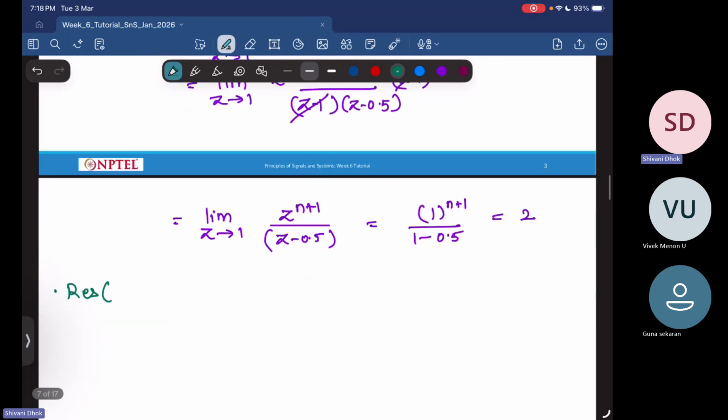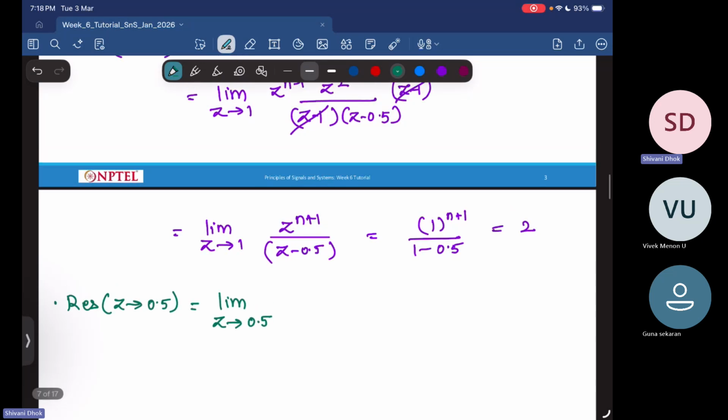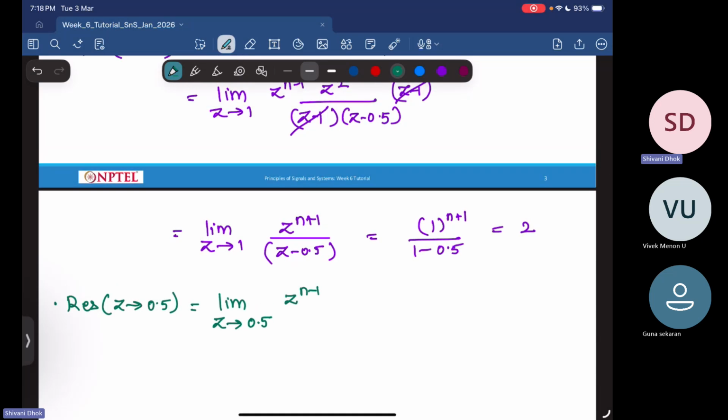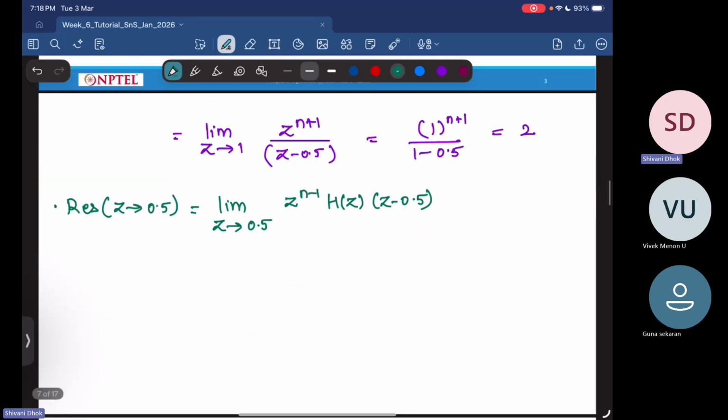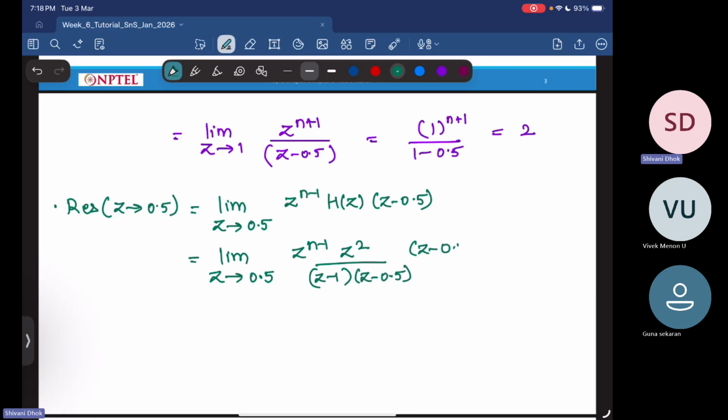residue at z tending to 0.5. This will be equal to limit z tending to 0.5, z to the power n minus 1, h of z into z minus 0.5. So this is equal to limit z tending to 0.5, z to the power n minus 1 into z square upon z minus 1 into z minus 0.5 into z minus 0.5.